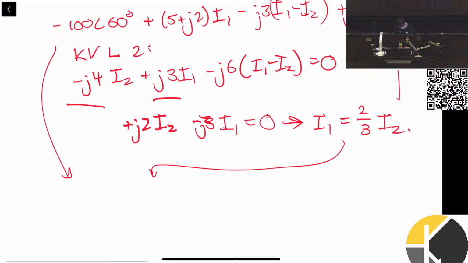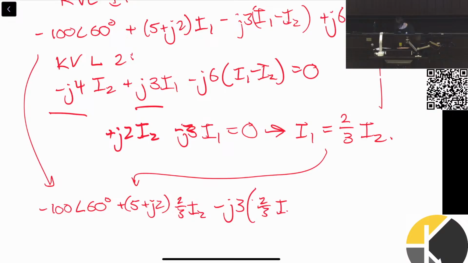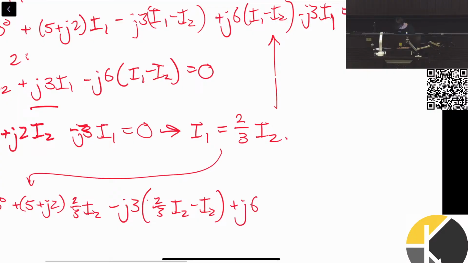So if I use both of these, I will get minus 100 at 60 degrees, plus 5 plus j2. I1 is 2 on 3 I2, minus j3, 2 on 3 I2 minus I2, plus j6, 2 on 3 I2 minus I2, minus j3 I1.